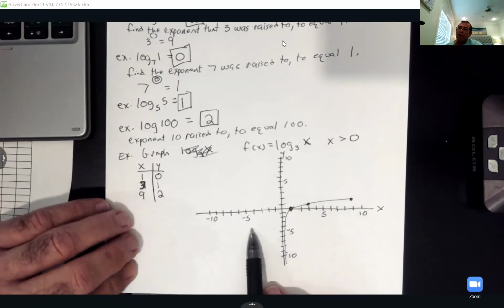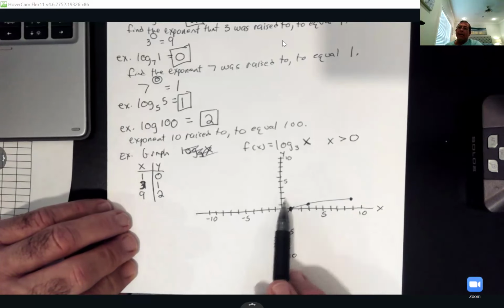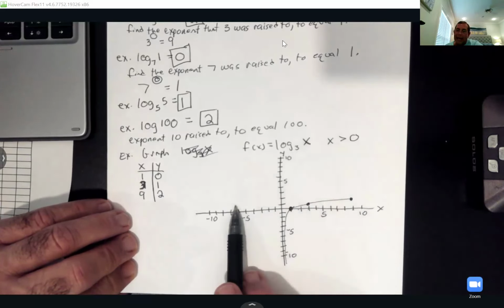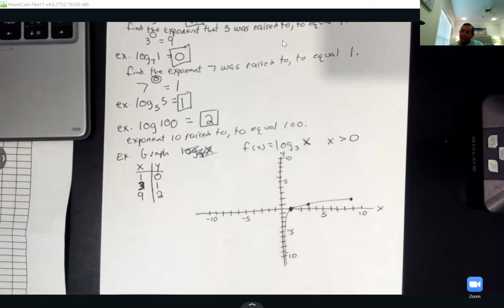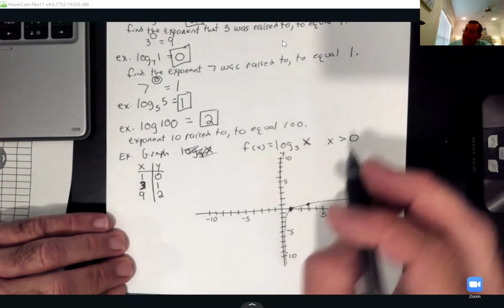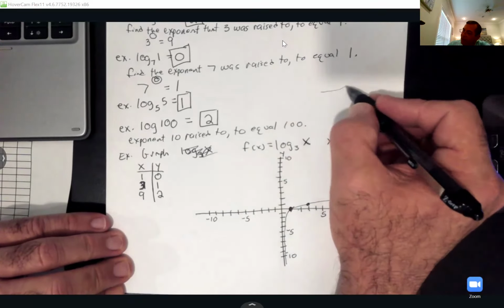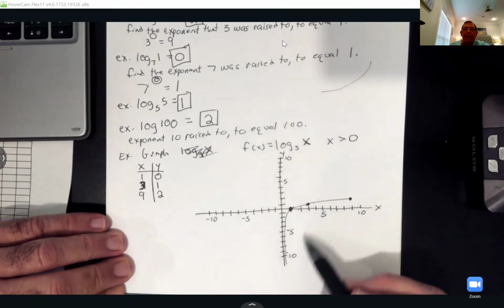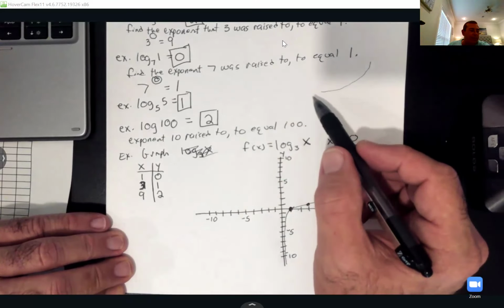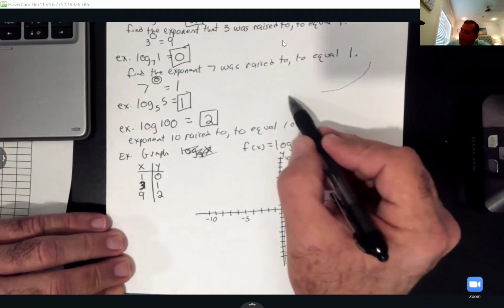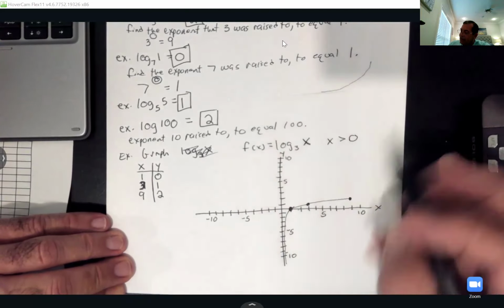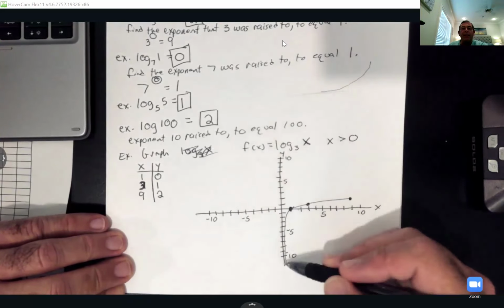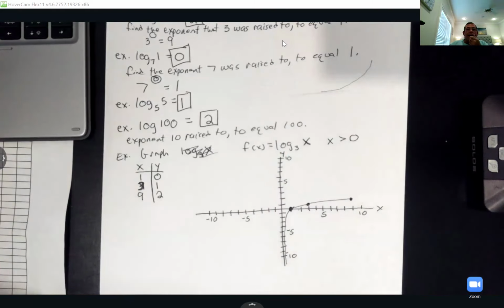Remember, it cannot cross over because you can't take a log of a 0 or a negative number, okay? So remember the exponential graphs yesterday, they went uphill and made an asymptote with the x-axis. These make their asymptote with the y-axis.